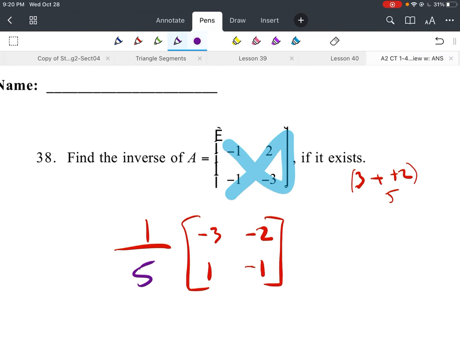So it's 1/5 of all those things. If you work that out, 1/5 of those would be 0.6, negative 0.4, and 0.2, and negative 0.2. Okay, so I think that's all good.